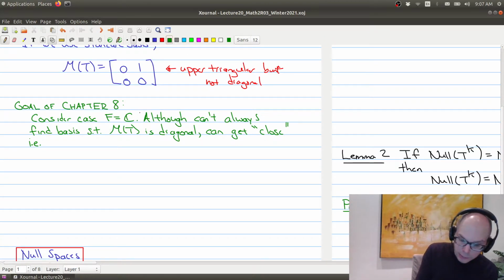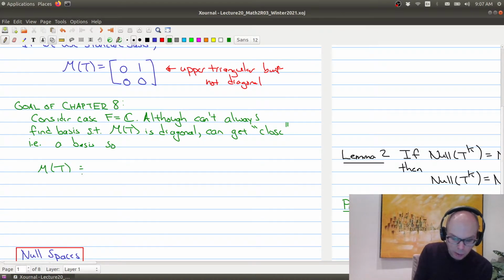If you're talking about the complex numbers, you can find a basis so that the matrix associated to the linear map is almost diagonal. In fact, you'll end up with something that looks like this. You'll have the eigenvalues down the diagonal. That's always true.